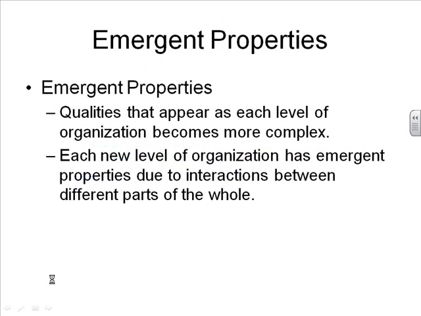What we're looking at is referred to as emergent properties. Qualities that a living thing has. These qualities may only appear or will only appear as each level of organization becomes a little more complex. Each level has properties because of the way the different parts are interacting.